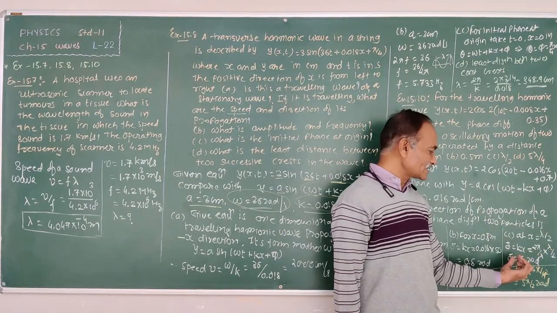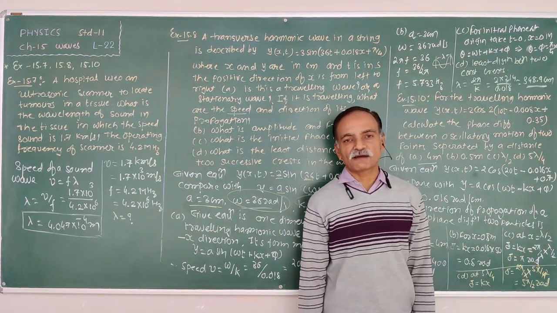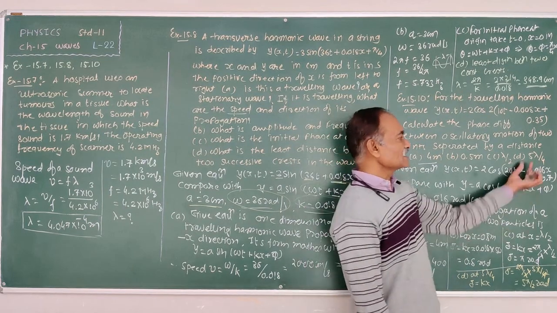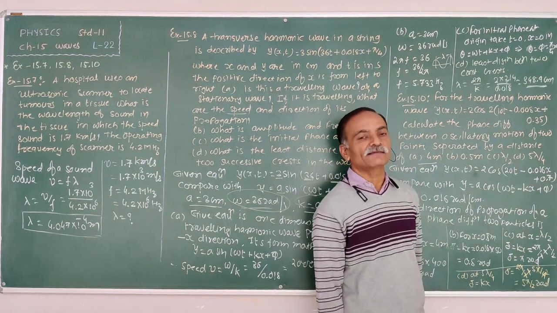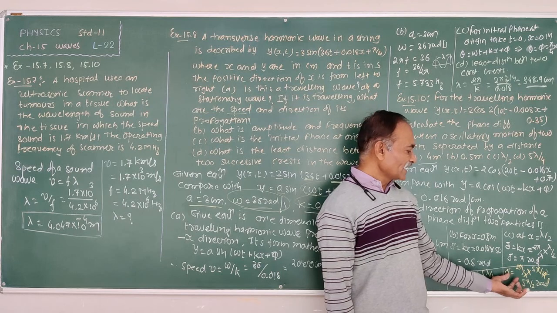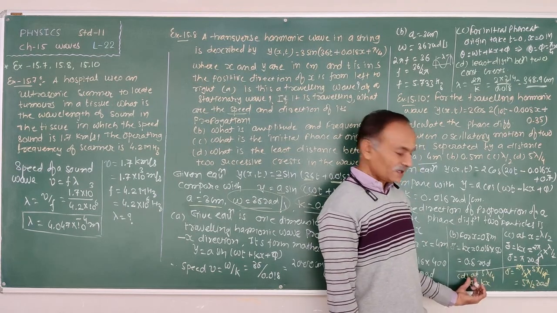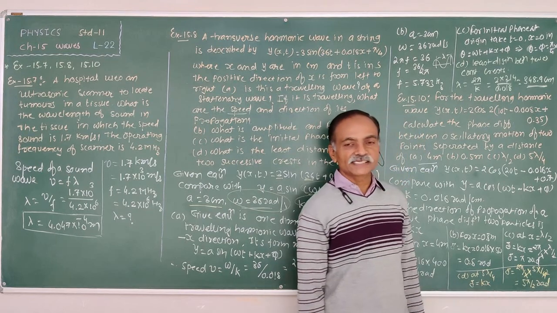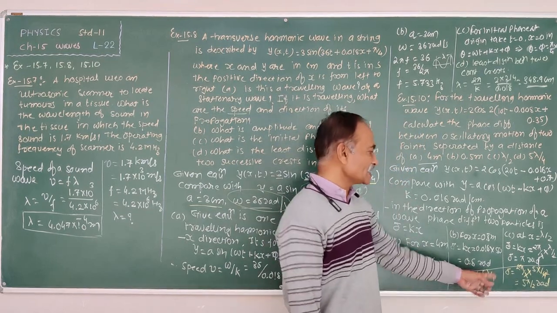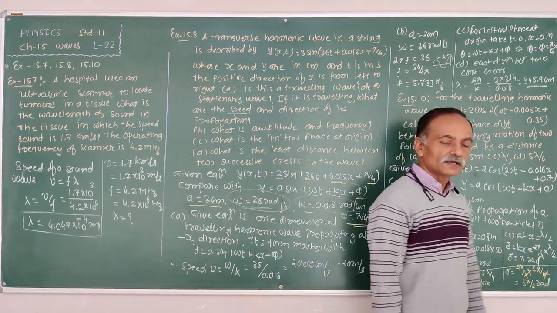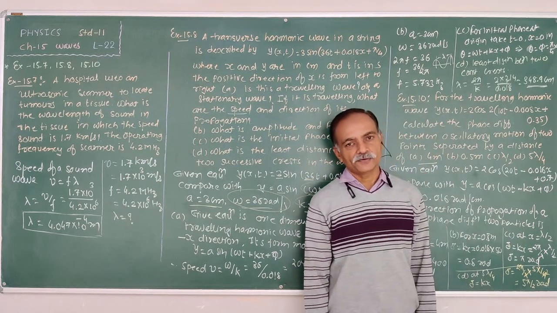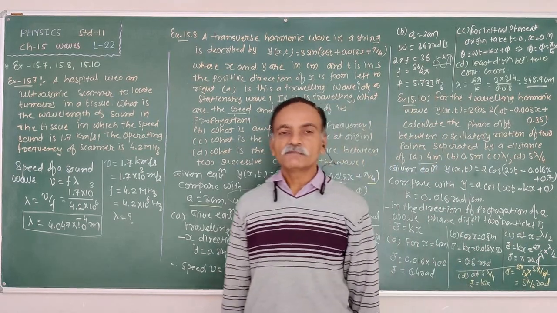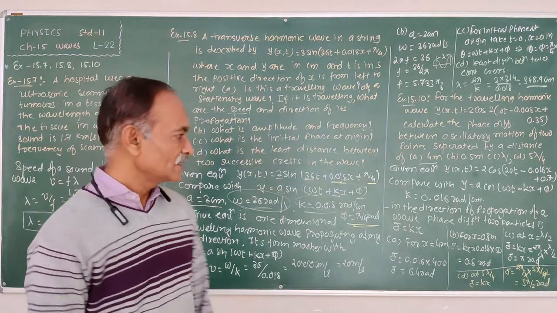At lambda by 2 distance, the phase difference is pi radian. Now the last is 5 lambda by 4. So delta is equal to kx, with k equal to 2 pi upon lambda and x equal to 5 lambda by 4. Therefore pi by 2 radian. That is the phase difference. Clear this? Okay.